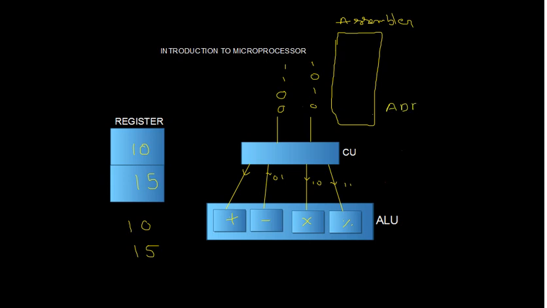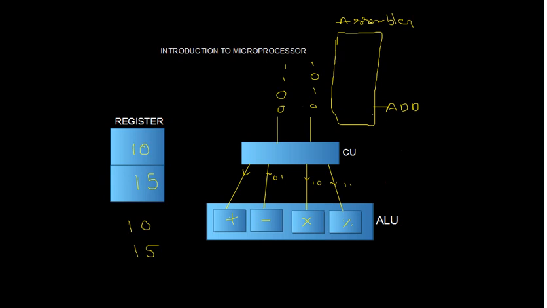If you write add, it goes to the assembler. In the assembler, add is assigned to 00, so 00 will go to the control unit, and from the control unit the high signal will go to the adder. Addition operation is done.